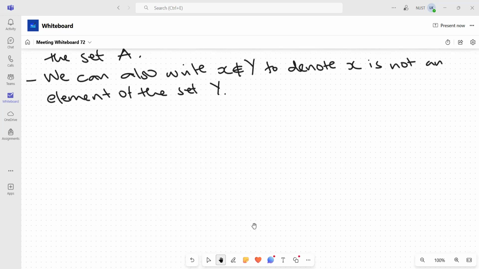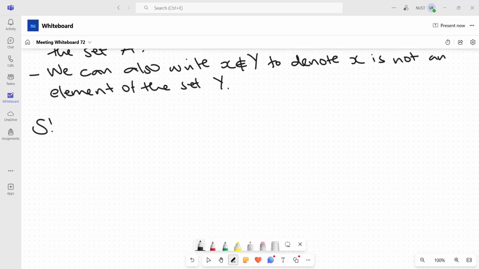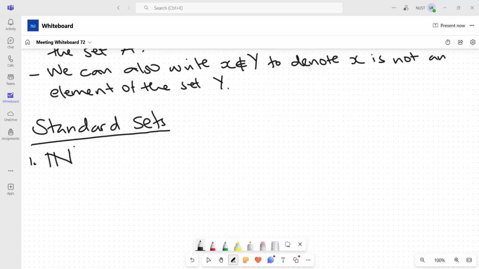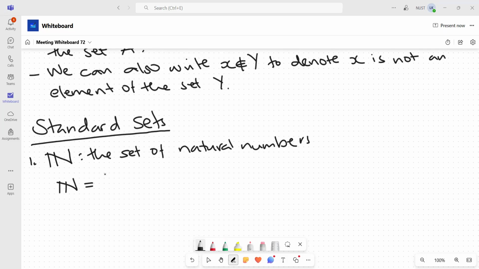Okay, there are a couple of standard sets that we should take note of that we will use quite a lot. The first one is this set, which is denoted with this math bold N. This is the set of natural numbers. So we can say that N is equal to this set.